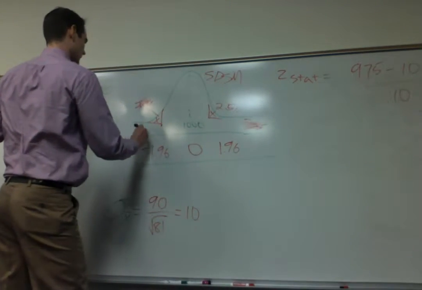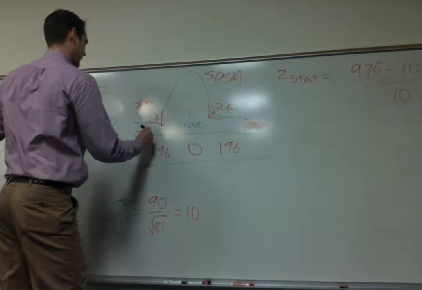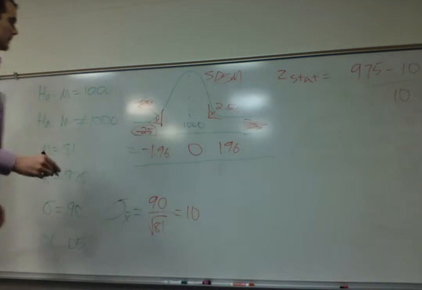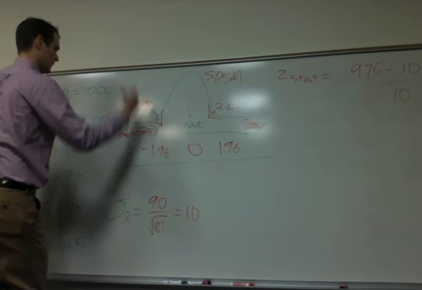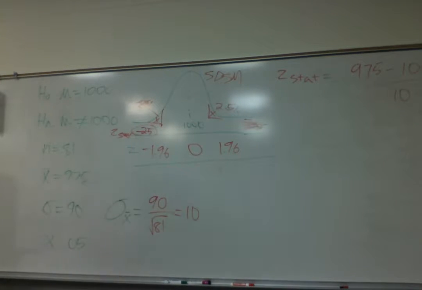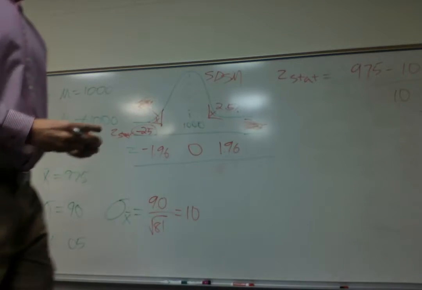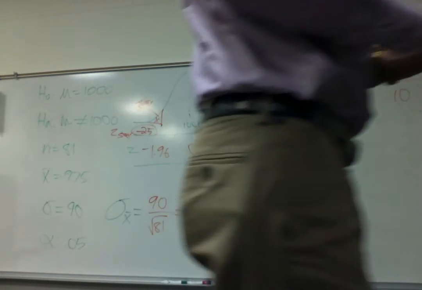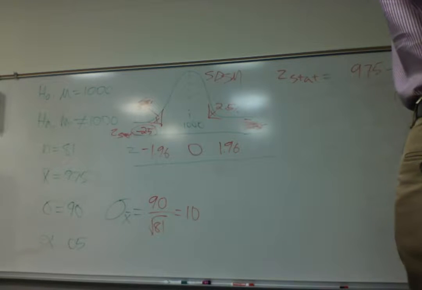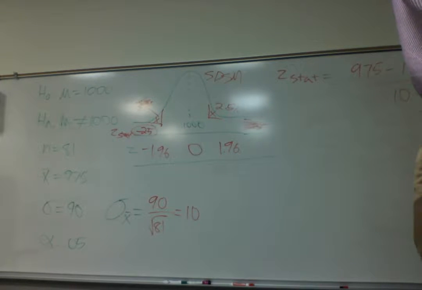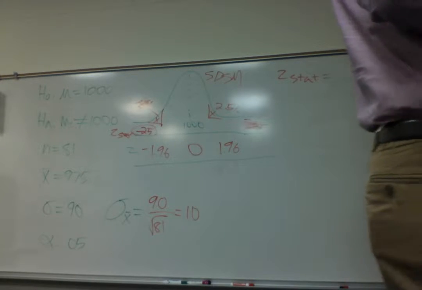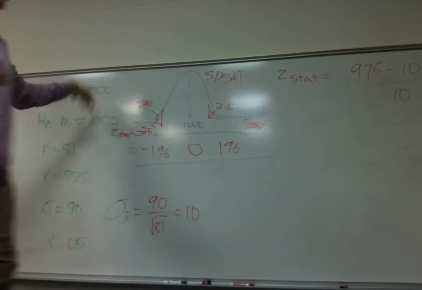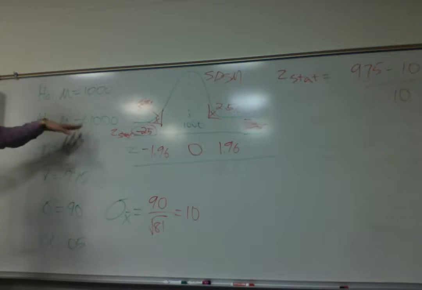Landed over here, negative 2.5. So what's our decision: reject, fail to reject, accept? What do we do? Reject. We reject the null hypothesis. We have overwhelming evidence to the contrary.